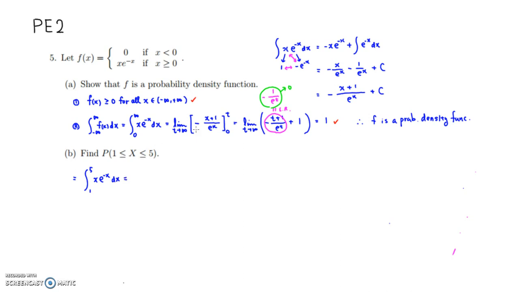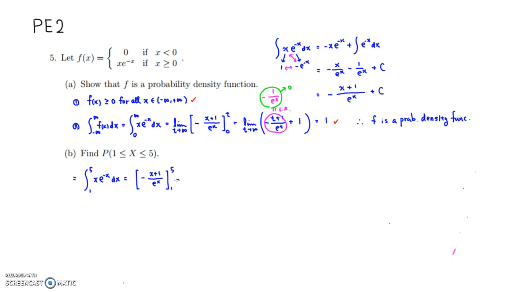We already found the antiderivative, negative x plus 1 over e to the x, and it goes from 1 to 5.